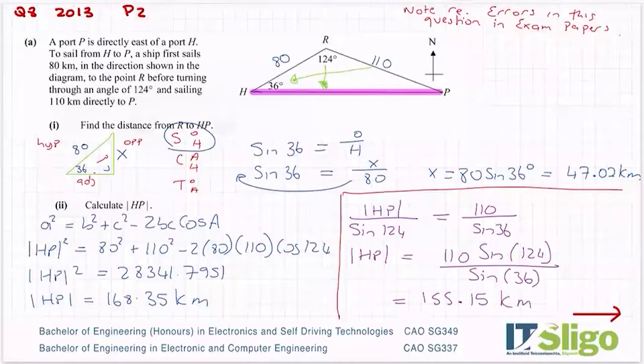Okay, so slightly different. I expected it to be closer, but nonetheless, a perfectly acceptable answer. So sine rule or cosine rule, it doesn't matter which one you use. You use the one which you have enough information for. This question was unusual in the fact that you had information to use both.